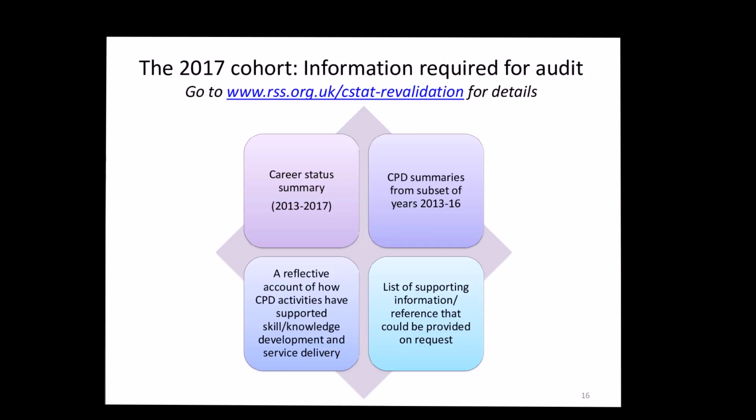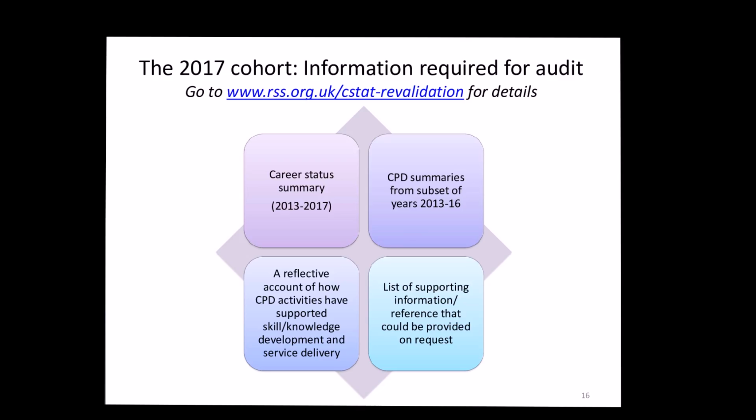The top right panel says CPD summaries from a subset of the years 2013 to 16. Now, if we follow the pattern of previous years, we will only require a summary for 2016, but suggest you submit other years' summaries as well as 2016 if that year is unrepresentative of your professional development.